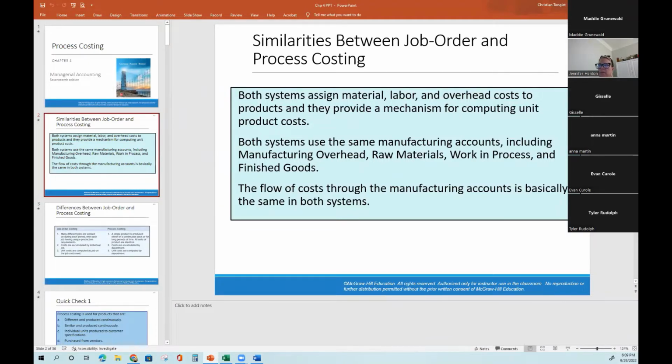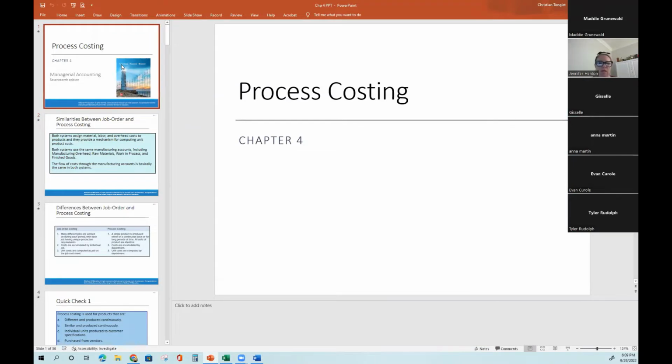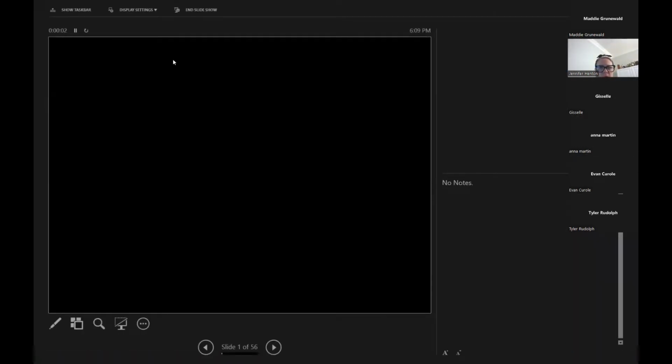Do y'all see my screen? Yes. Is it the screen with the PowerPoint on it? Yes. All right, I'm having technical issues right now. Hang on one second. I'm trying to get my mouse. There we go. I couldn't get my mouse onto my laptop. Okay, try this again.